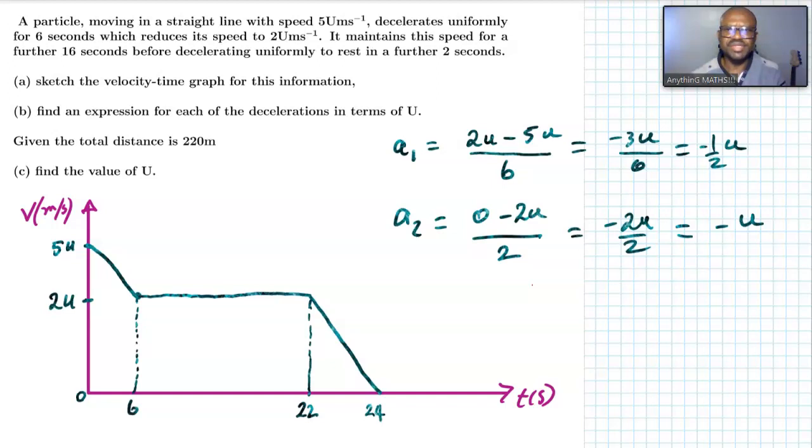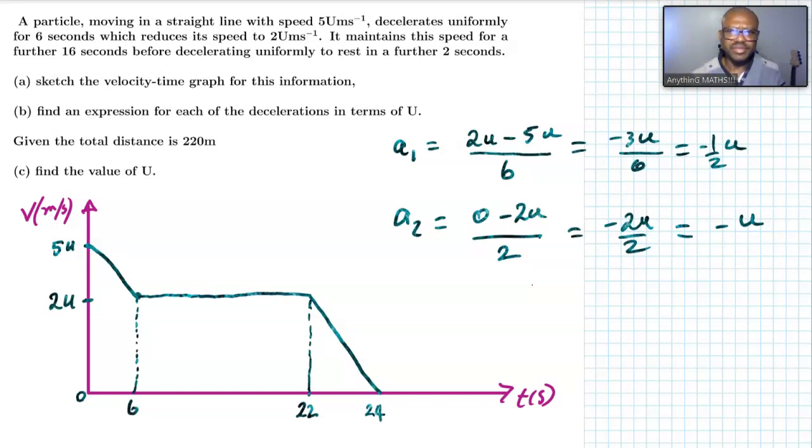So you've been able to express the deceleration in terms of u. Remember, you can also write deceleration is equal to u. The moment you use deceleration, you don't have to use the negative. If you use acceleration is equal to negative, it also means deceleration.